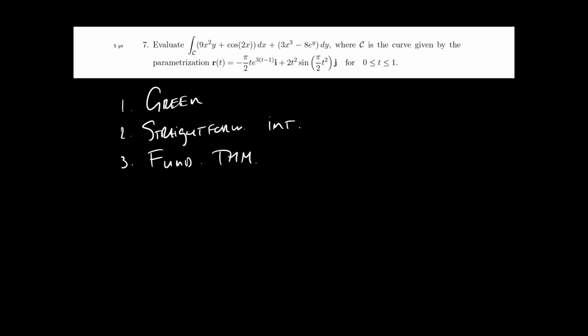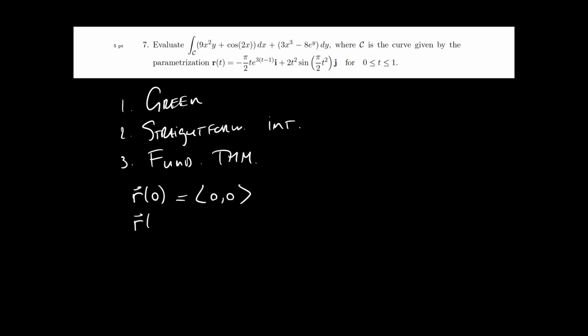So let's check this. Now, in order to rule out some options, let's check whether the curve is a closed curve, and we can do that by checking the starting point and the end point of the curve. So the starting point of the curve is at r for t is equal to 0, and we can see that both x and y will be 0 there. So the starting point is at the origin.